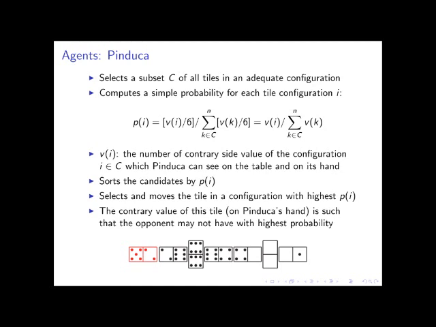So, Pinduca sorts all candidates by Pi and selects and moves the tile in a configuration with highest Pi. The contrary value of these tiles on Pinduca's hand is such that the opponent may not have with highest probability.